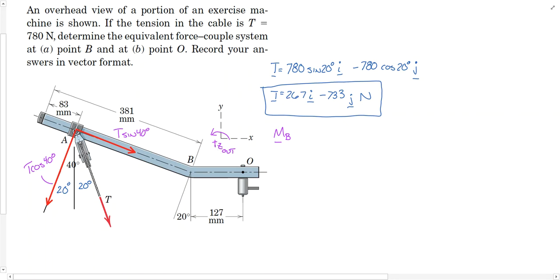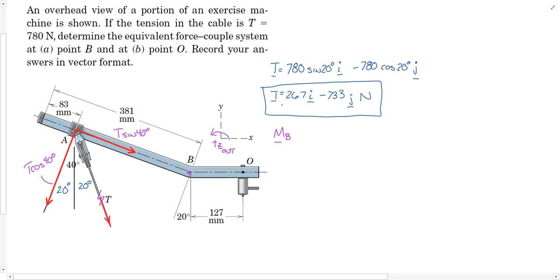So, the moment around point B, well, this T sine 40 piece is going to pass through point B, so it will not contribute to the moment. I will only have a contribution from the T cosine 40 component, and that's going to produce a counterclockwise rotation around point B, which for me is a positive z direction or a positive k.